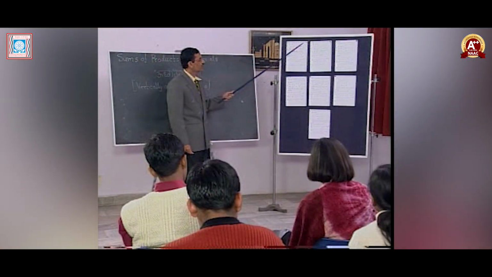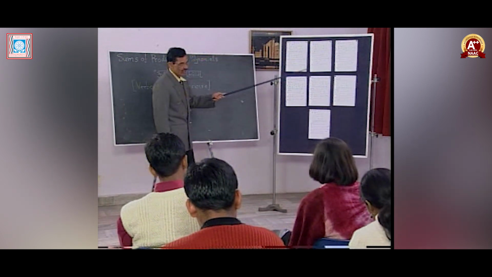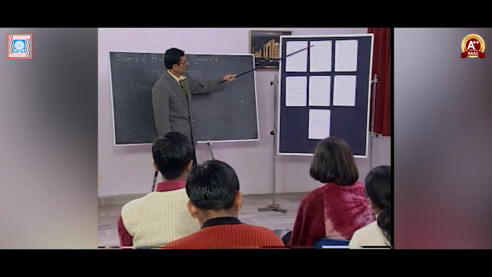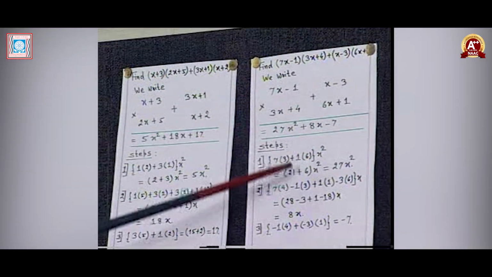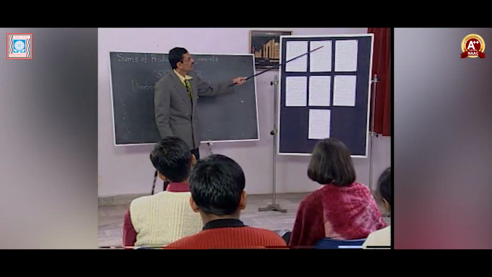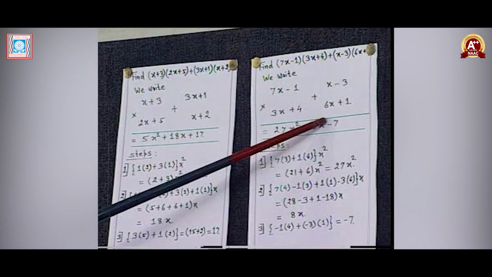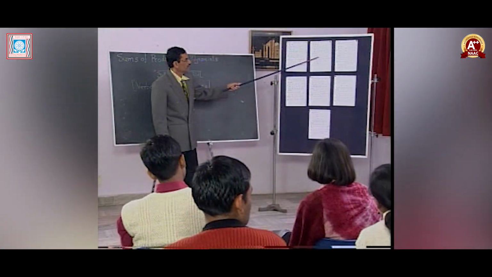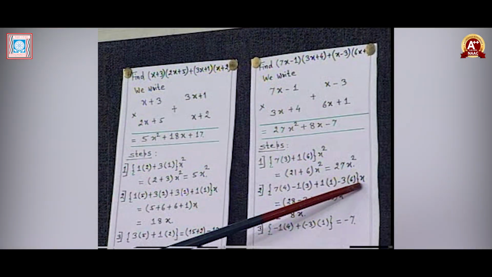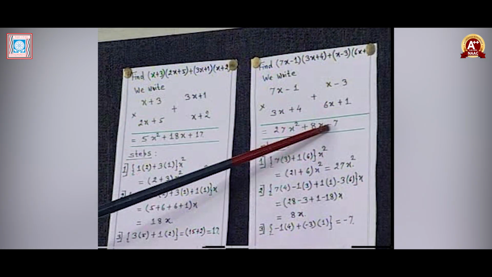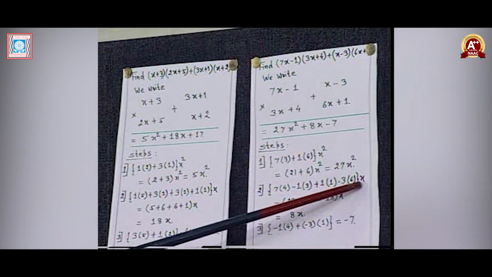We start with vertical multiplication from left to right. First step, 7 into 3, 21, plus 1 into 6. That gives 21 plus 6, 27x square. I repeat, 7 into 3 plus 1 into 6, that is 27x square.